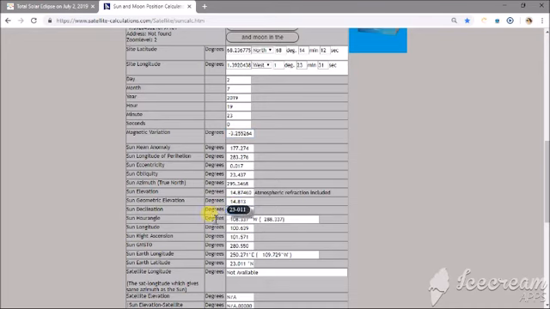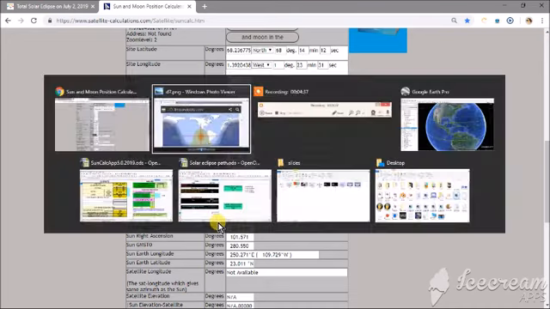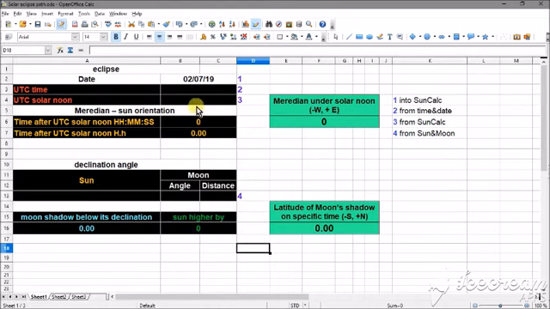So we'll put this in my spreadsheet. We'll start filling in the spreadsheet. First thing is the date, 2nd of July 2019. The time, 19:23, and the solar noon on that day.